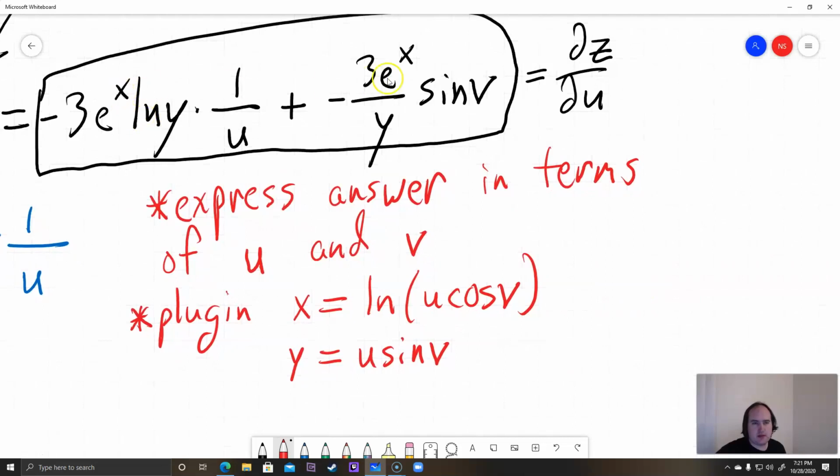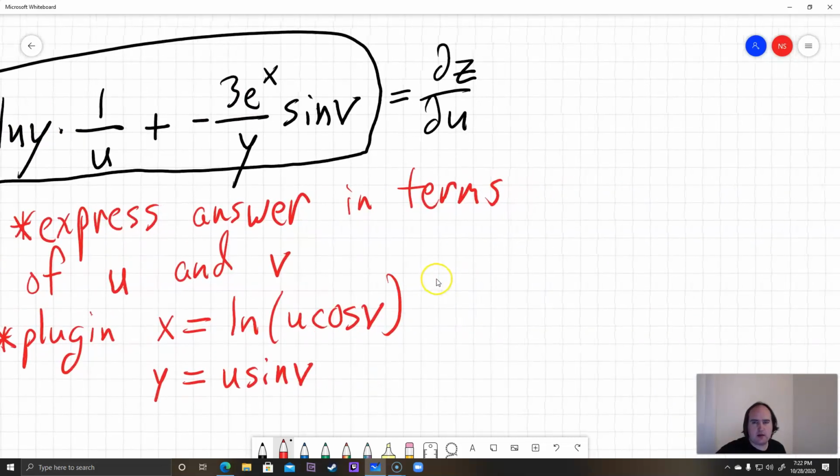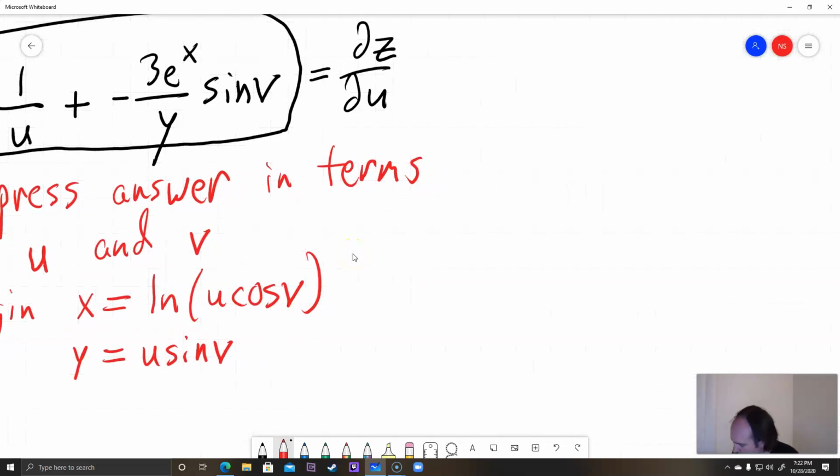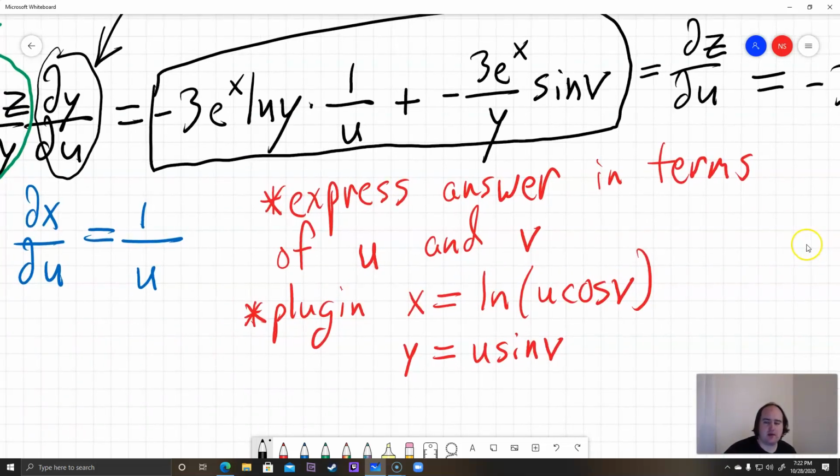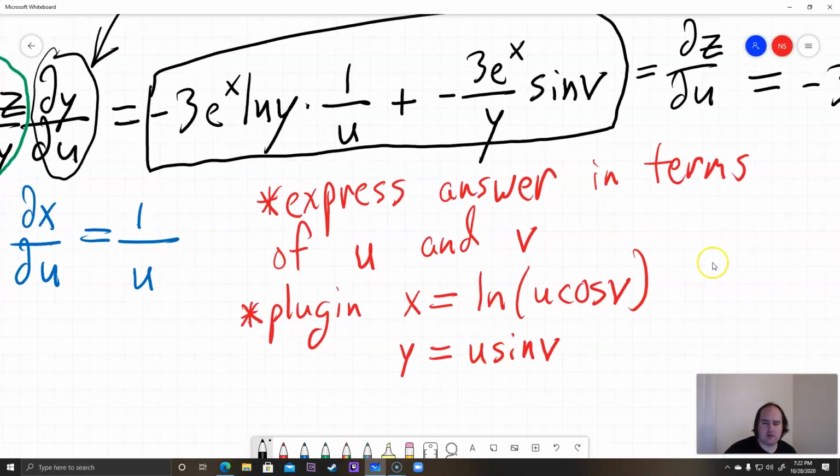So plugging those in here, we're going to have quite a mess. The negative 3 e to the x ln of y, plugging in, now we're going to have negative 3 e to the x, which is ln of u cosine of v, times ln of y, so that's ln of u sine of v.